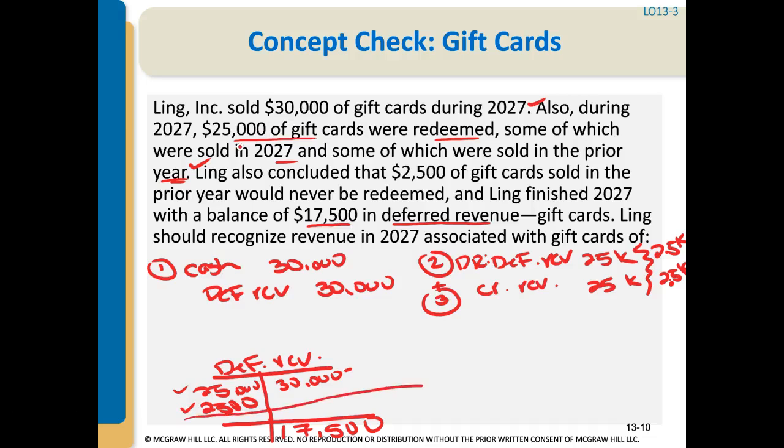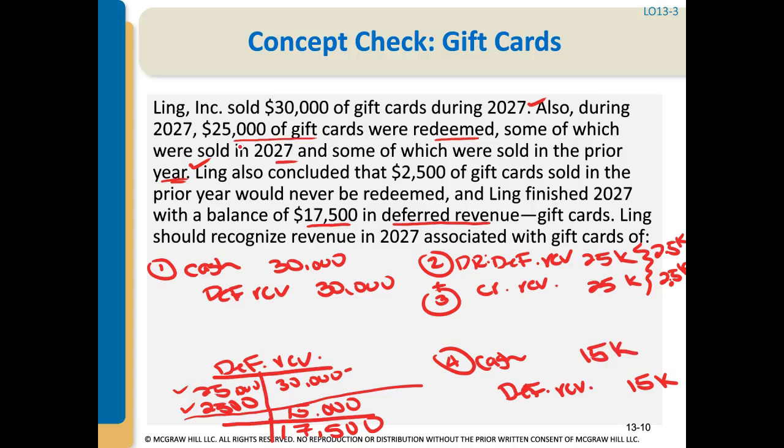But the ending balance was actually 17,500, which means that there must have been a credit of $15,000 during the year as well. If I have a credit to deferred revenue for $15,000, that must mean I received cash for $15,000.